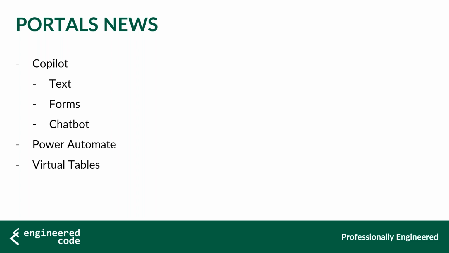The next one we have here on the list is virtual tables. If you're not familiar with virtual tables, this is a concept in Dataverse where you create the metadata or the schema for a table in Dataverse, but the actual data itself is not stored in Dataverse. Instead, it comes from some other external data source.